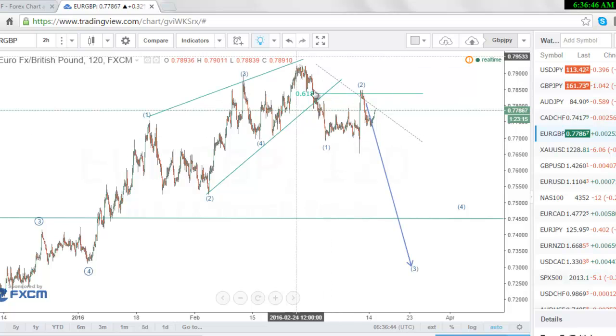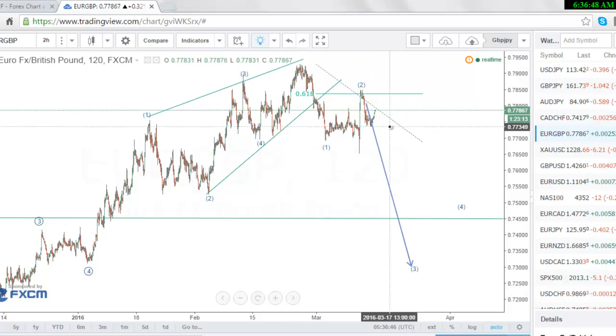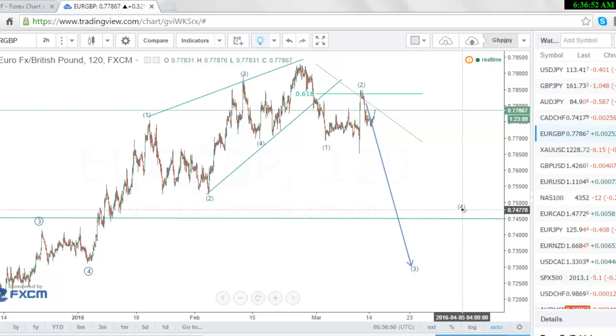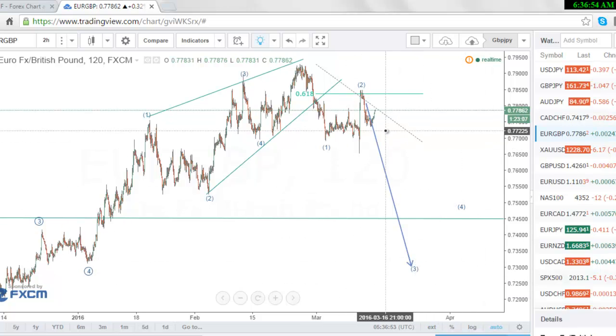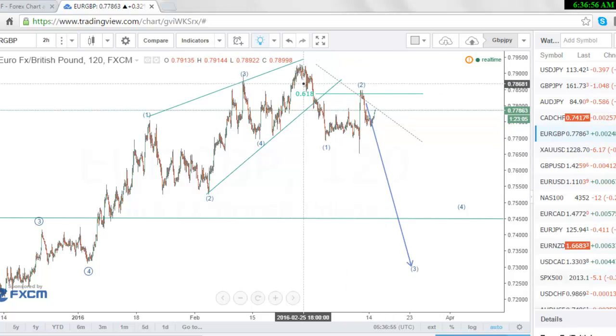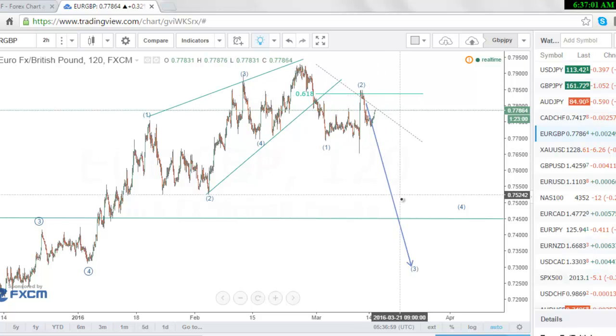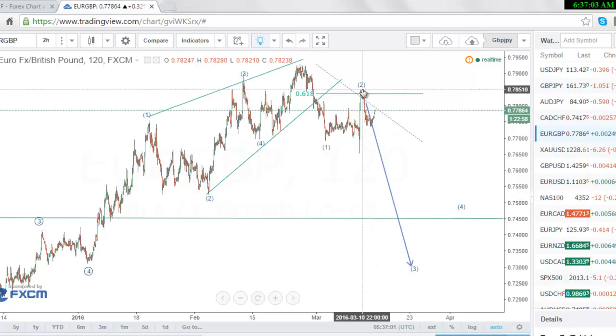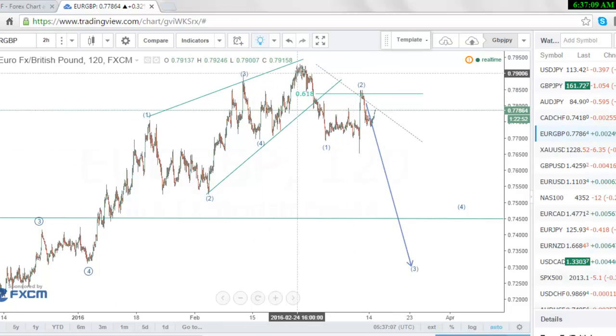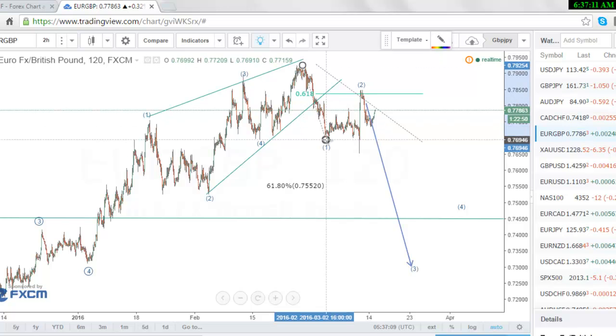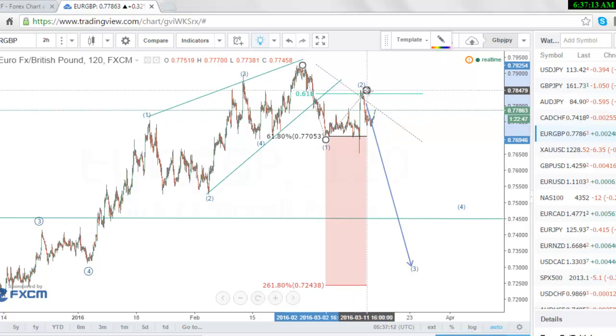Then we should be expecting a 3rd wave here, then 4th, and then a 5-wave move. This is a 5-wave structure with waves 1, 2, 3, 4, 5, and ABC. So we should be expecting at least about 100% or 61.8% projection of this particular move from here.